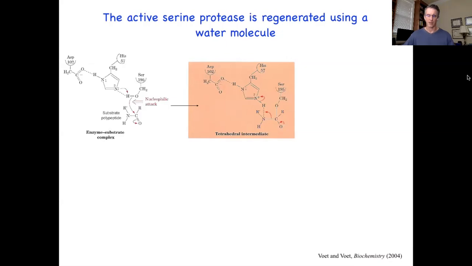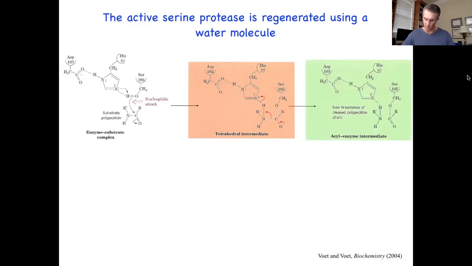All right, so once we've formed that tetrahedral transition state, we now need to get this reaction to go in a particular direction that moves us towards cleaving the bond. Once we form the tetrahedral intermediate, by virtue of having this imidazolium sitting here, we move these electrons over here.